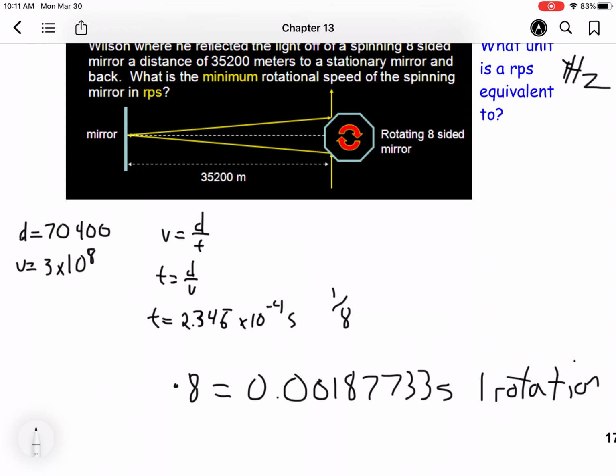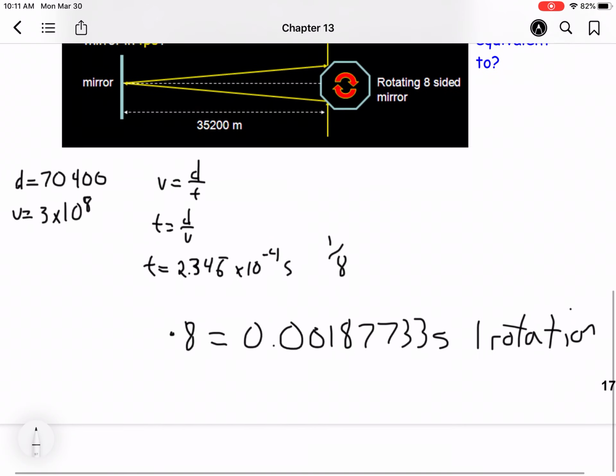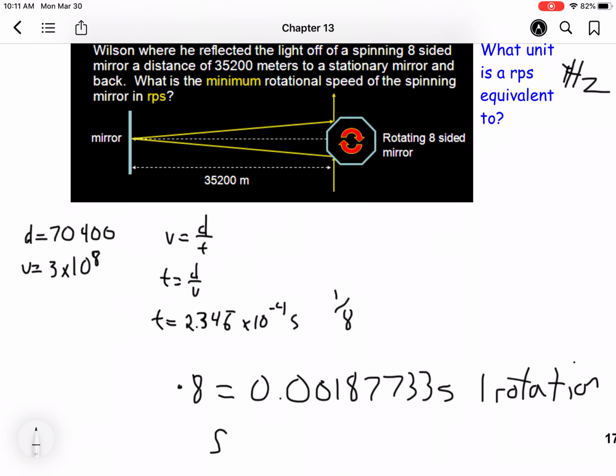That's my period, but I want frequency. I know that frequency is 1 over the period. When I do that math, I'm going to get that the frequency is 532 hertz.